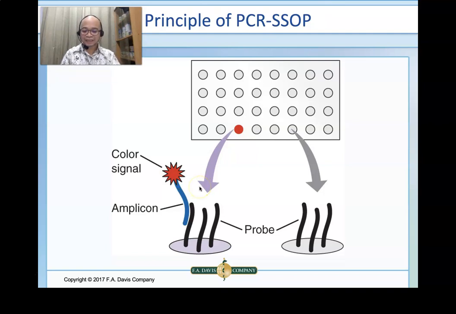If the sequence of the amplicon differs from that of the probe, syempre, katulad dito, ito yung probe, ito yung amplicon, hindi naman siya nag-match dito, so there would be no hybridization and no color signal. Unlike here, nag-match sa probe, then there would be color signal. So pag nagkaroon ng signal, it means that the HLA gene or allele is actually present.